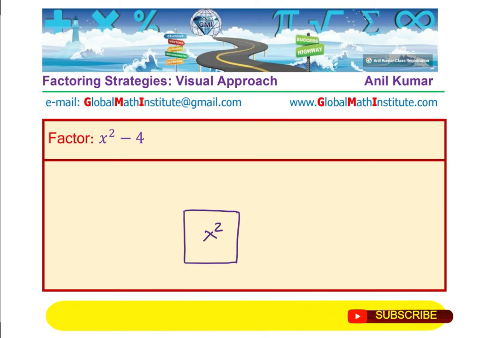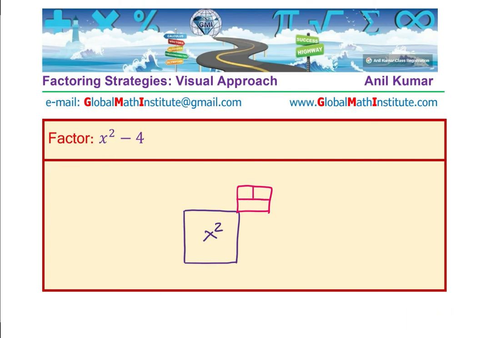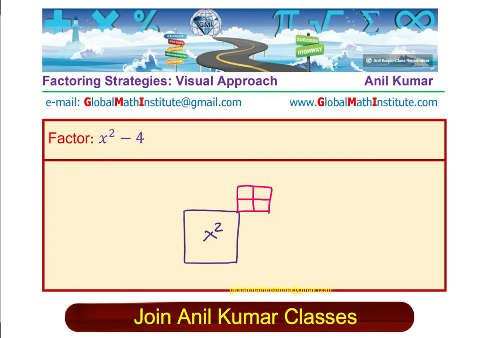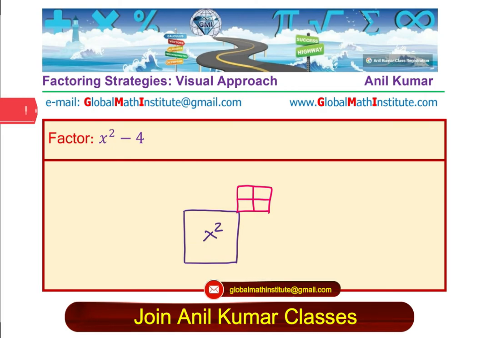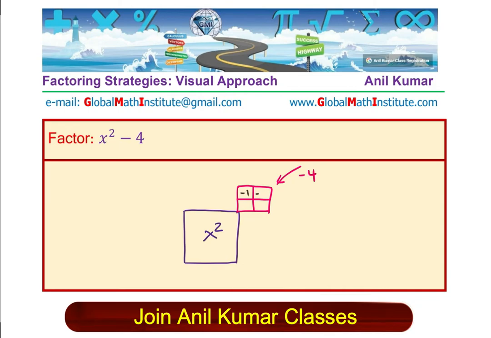So for minus 4, I'm going to add 4 squares here. So I'm making a big one and then I'm dividing it into 4 units. Do you see that? So this represents minus 4 units. Perfect. Each is negative 1.